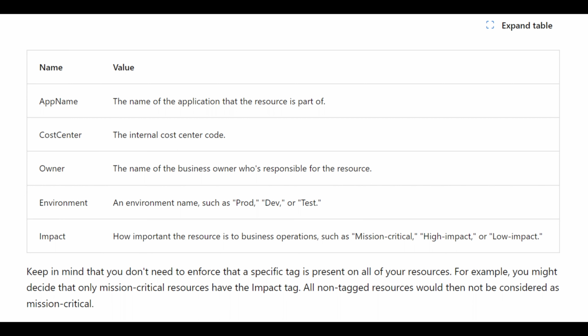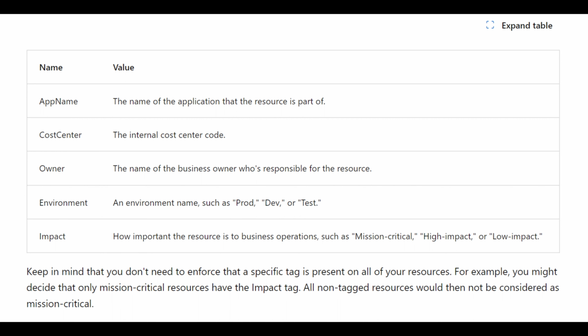Keep in mind that you don't need to enforce that a specific tag is present on all of your resources, right? For example, you might decide that only mission critical resources have the same impact tag. All non-tagged resources would then not be considered mission critical. So what is tagging useful for?